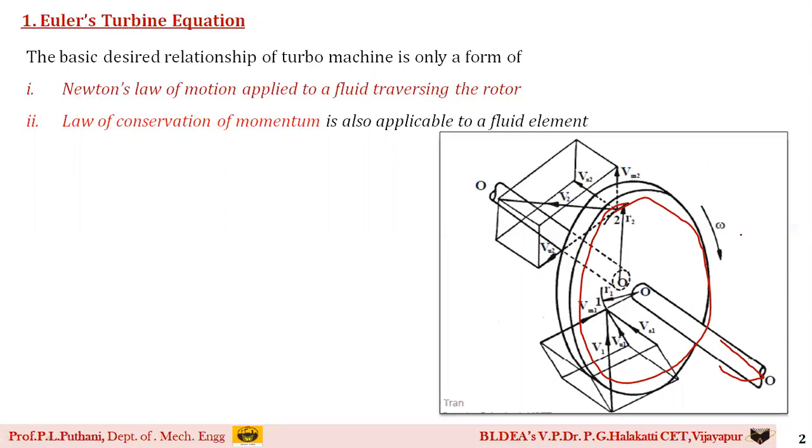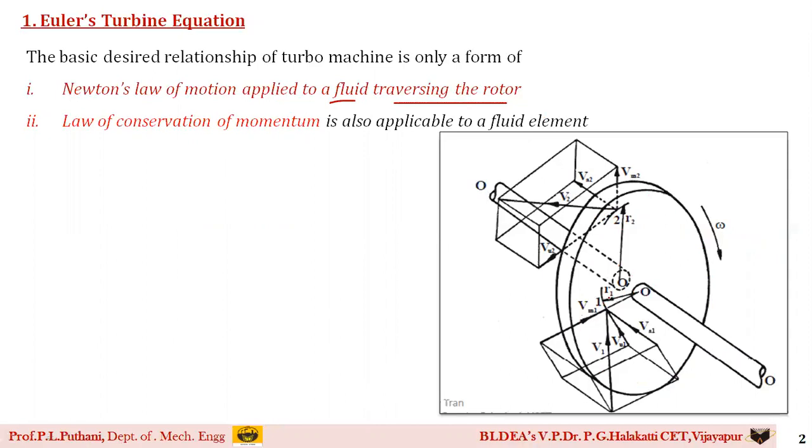Here the rotor is rotating at a uniform speed omega along this shaft. The fluid enters at position 1, enters this fluid element, and then comes out of the rotor at point 2. To derive Euler's turbine equation, we take help of Newton's laws of motion applied to a fluid which is traversing the rotor.